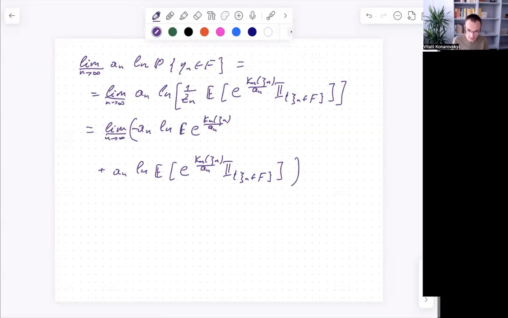Therefore, you remember, we started with infimum, and then we come to the supremum here, because here was 1 minus. Therefore, you have the estimate from the other side.